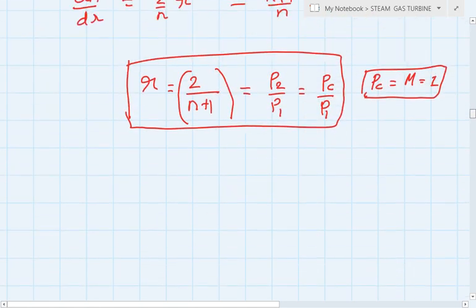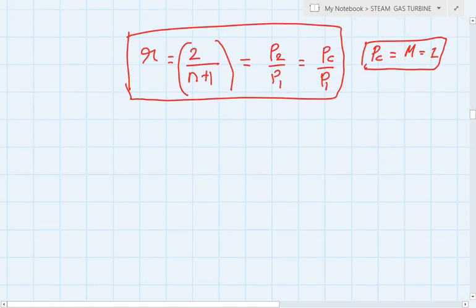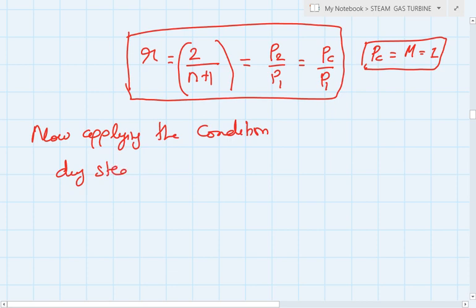So now applying the condition for dry steam, the value of n is equal to 1.135.